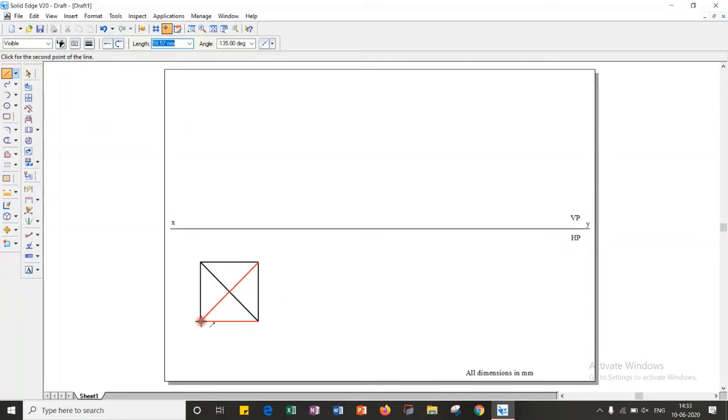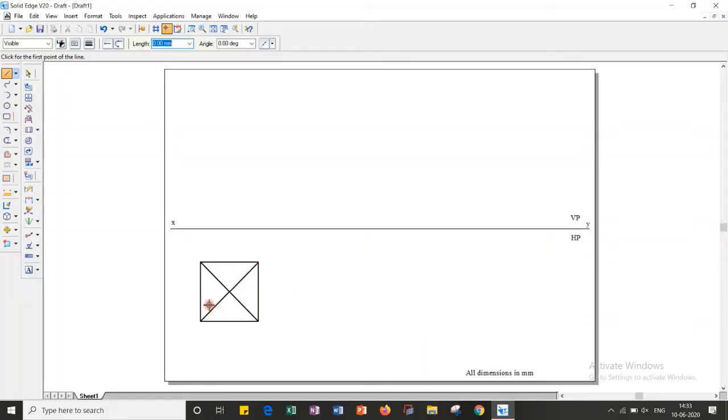Draw two diagonals and you will get the center of the square. Here, when you observe from the top side, since these inclined edges are visible, all the visible edges you have to keep thick. That's why in the front view I am marking these inclined edges thick.